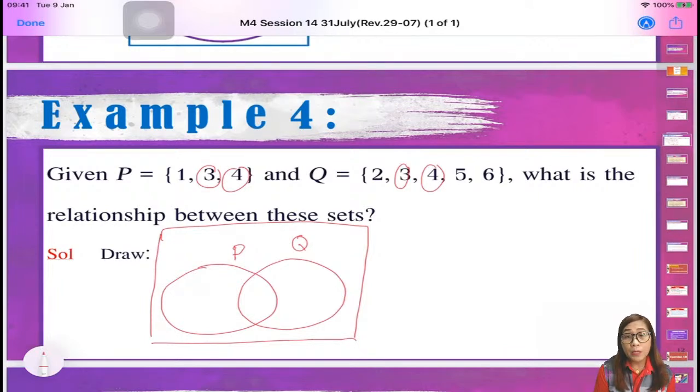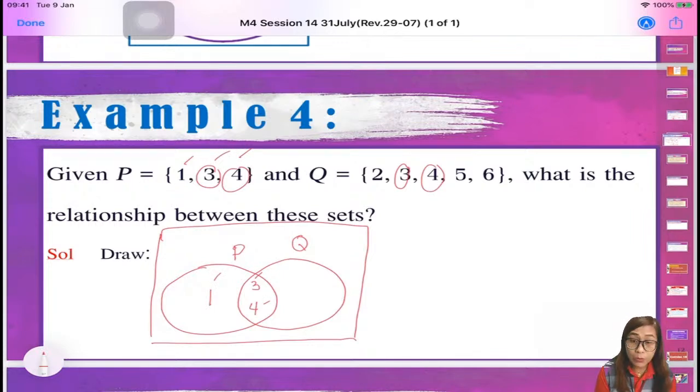Okay, for P we have 1, 3, 4, and the common elements between P and Q are 3 and 4. So you have to put them between these two sets. So 3 and 4, yeah. For set P we have 1, 3, 4. So 1 is here. If you check, set P has 1, 3, 4, and we have here 1, 3, and 4.